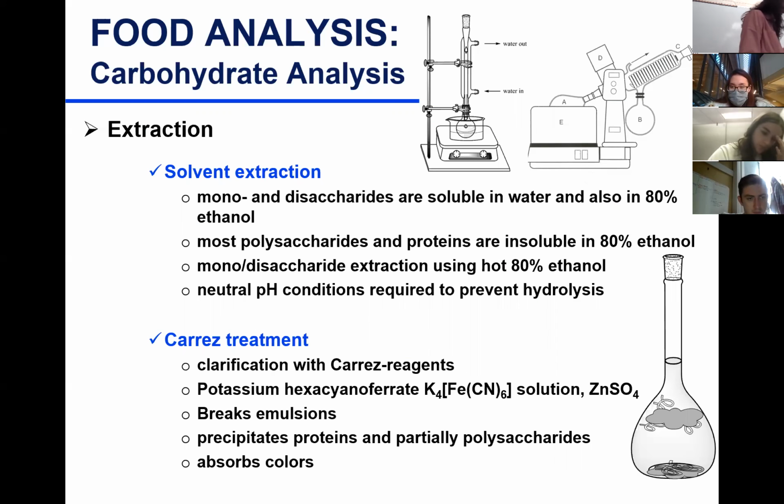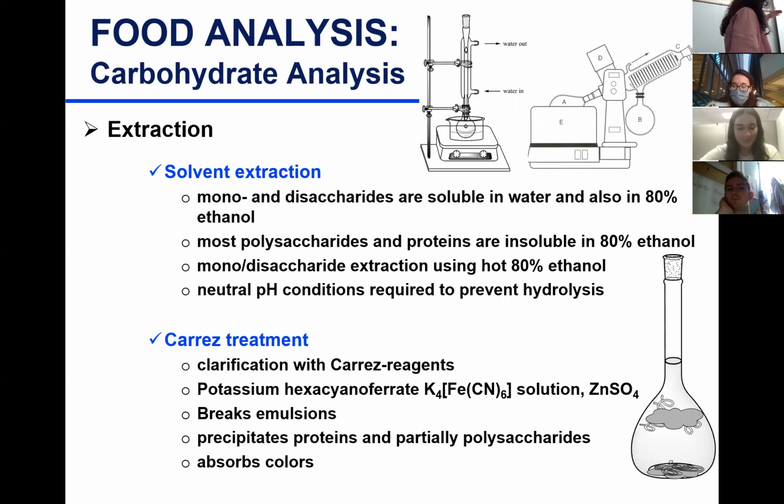If you look at this diagram, you have your sample here, you put it in a flask, and you have your 80% ethanol, you heat it up, and it would be good to have a reflux system. So you have a distillation unit so that your solvent doesn't evaporate and you don't lose efficient extraction.